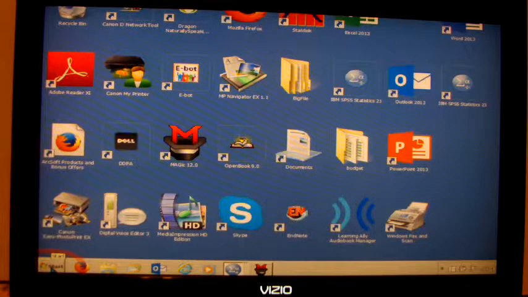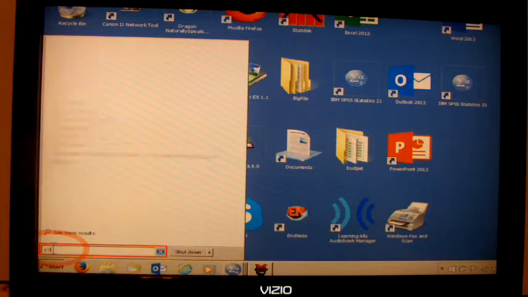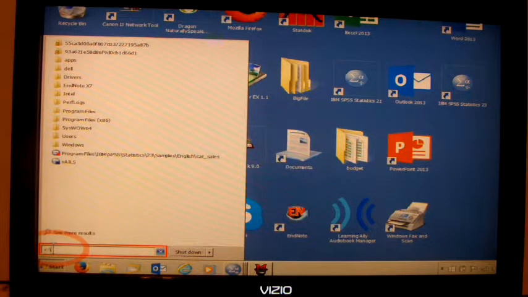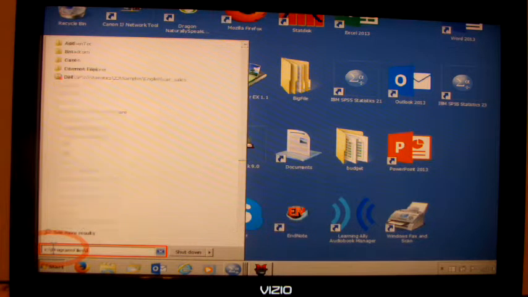So you go to your Start menu, click Start, and notice it says Search Programs and Files. That's where you're going to do the C://. Program Files, /IBM, SPSS, /Statistics.